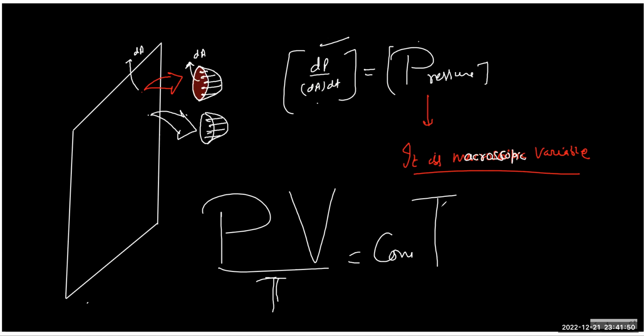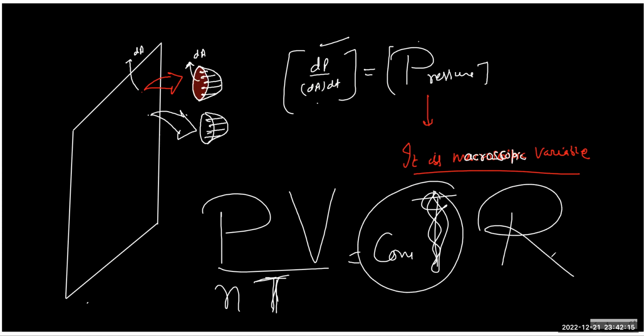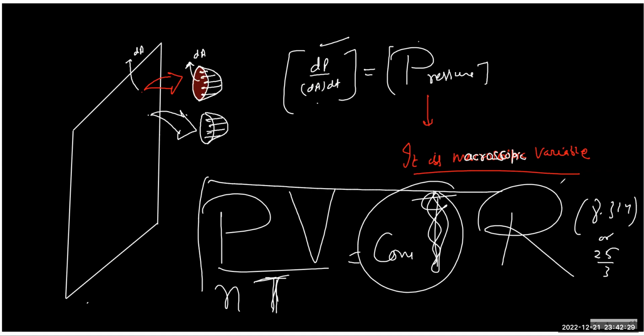A constant behavior. PV by T is always a constant, for per mole. And therefore, this is called the universal gas constant, capital R, of value 8.314, or sometimes we also use 25 by 3. And that is how you got the first ideal gas equation.